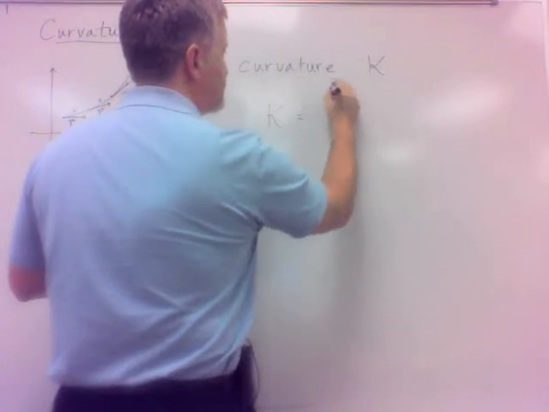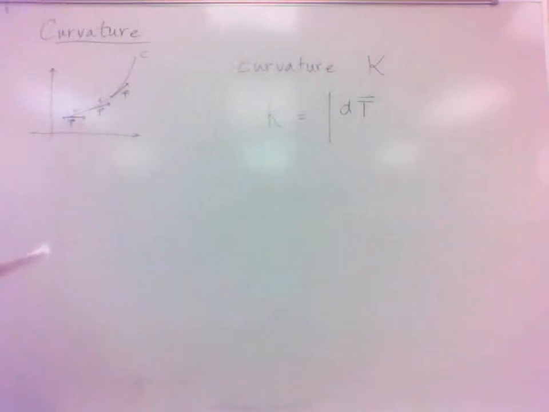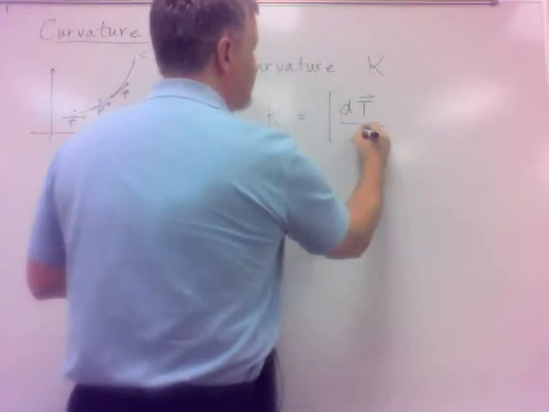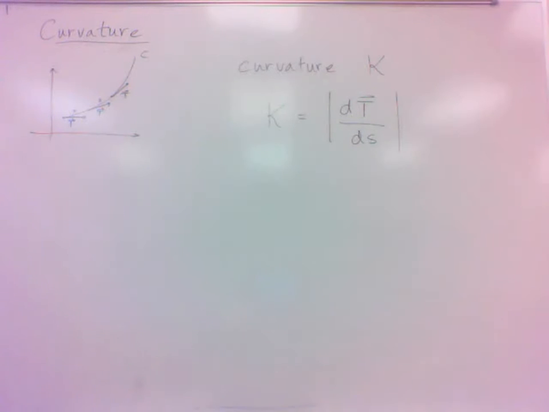It's going to be the magnitude of the rate of change of the unit tangent vector with respect to the arc length. So if I did a smaller s, it's going to change a little differently, but it would be consistent to whatever arc length you choose.